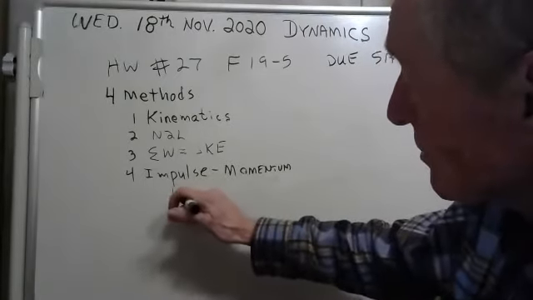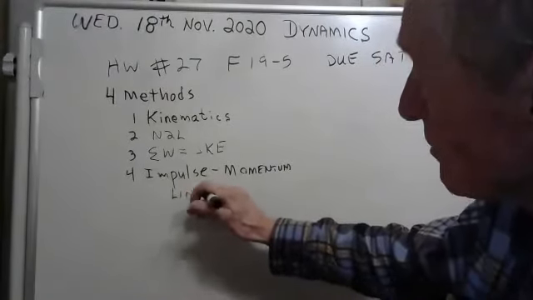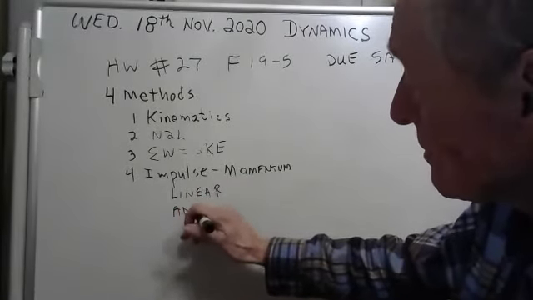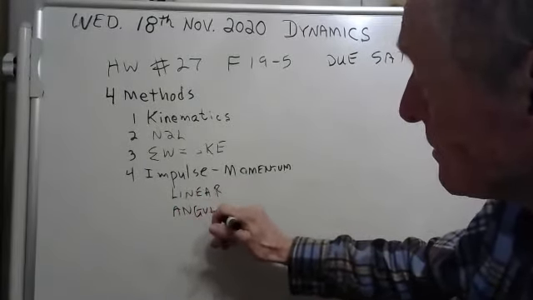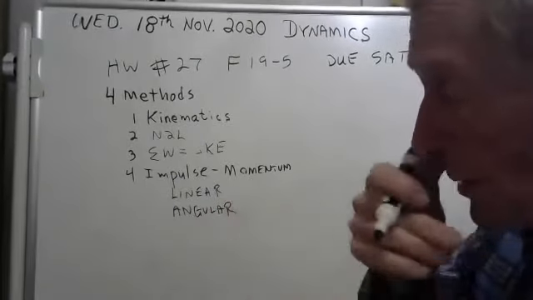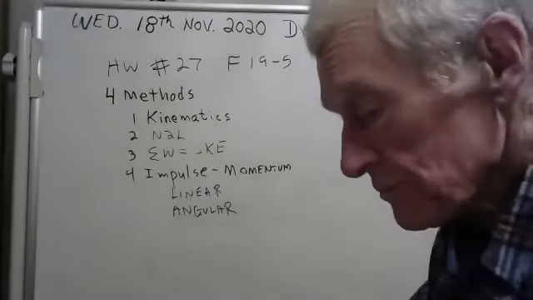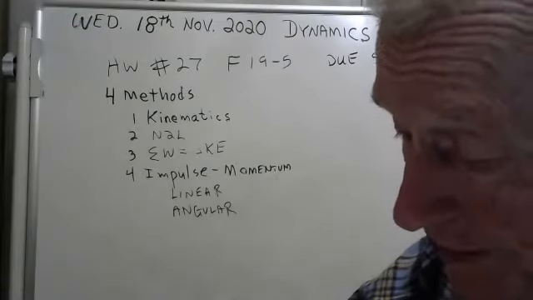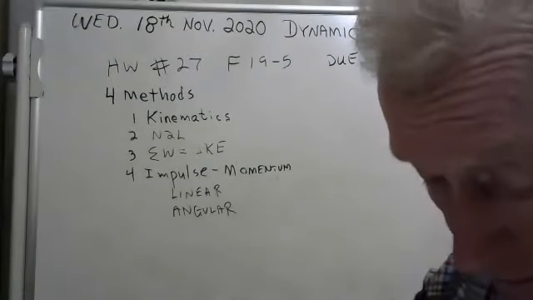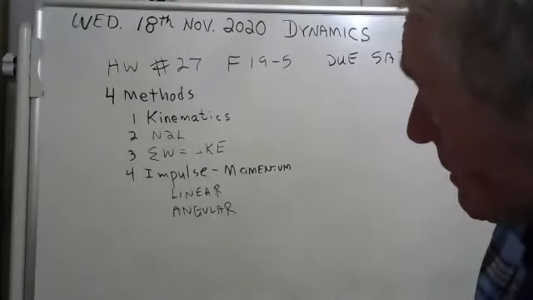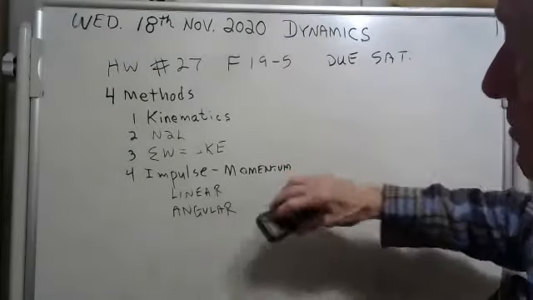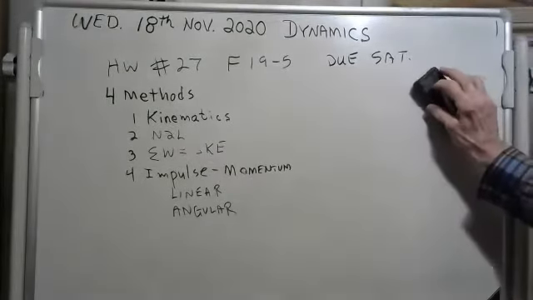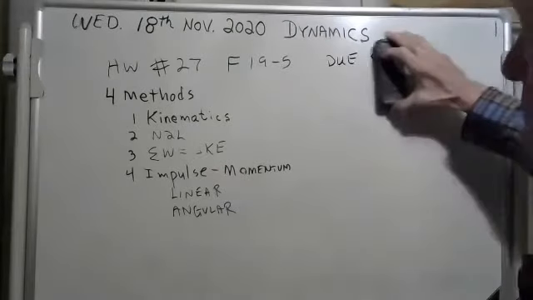There's linear impulse momentum, and there's angular impulse momentum. And today we are studying angular impulse momentum. So let me write the equations here. You got some homework there. We're in chapter 19.